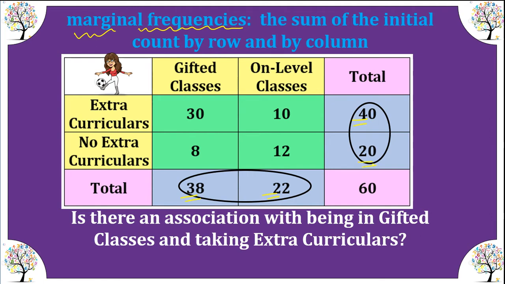It's the sum of the rows, such as 40, and marginal frequencies are the sum of your columns. Now notice that 60 is not part of a marginal frequency, so do not consider 60 a marginal frequency. Just the totals of your columns and the totals of your rows, marginal frequencies.